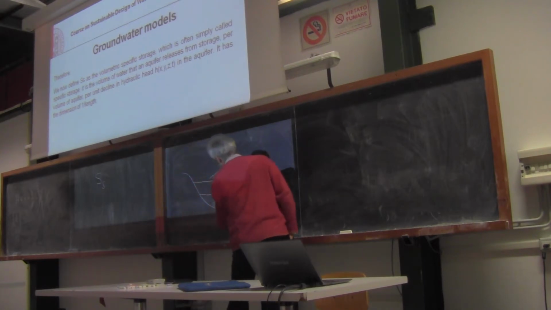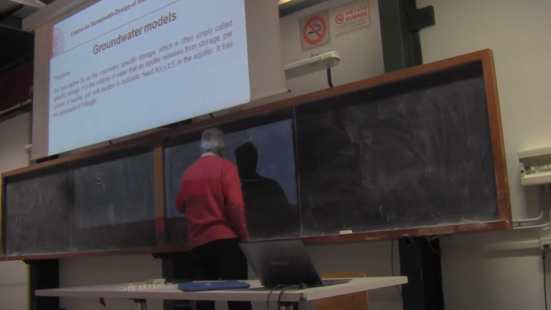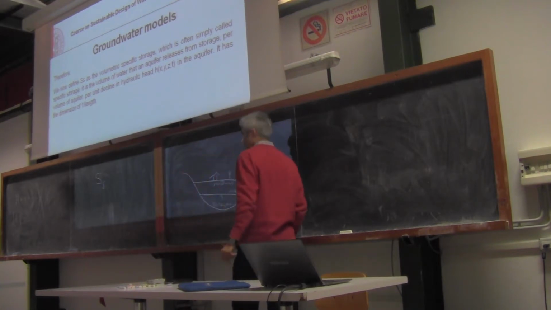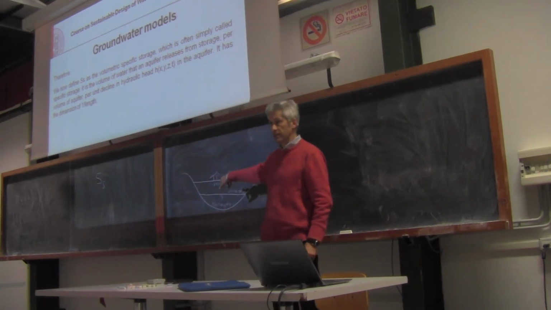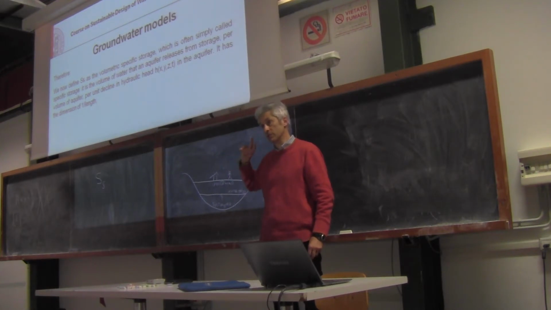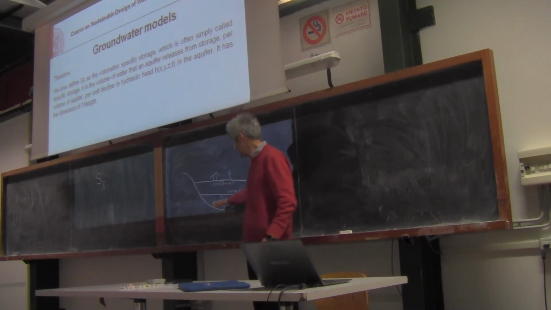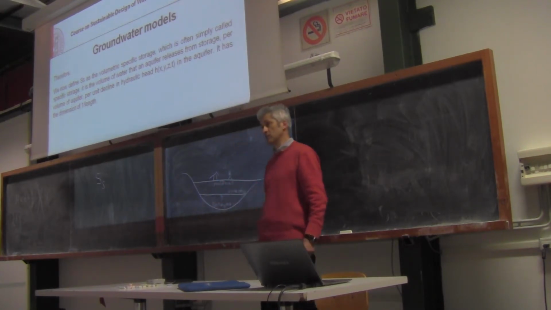So this is saturated, this is unsaturated. Even if it's unsaturated, there is water in it, of course, but it's below saturation. The water table is the divide between saturated and unsaturated.